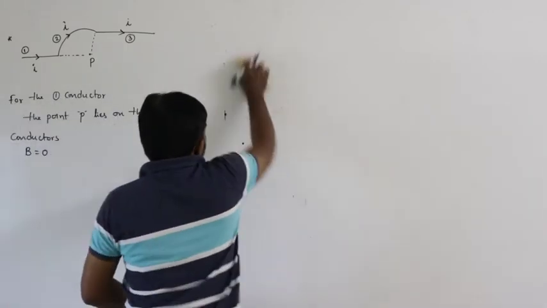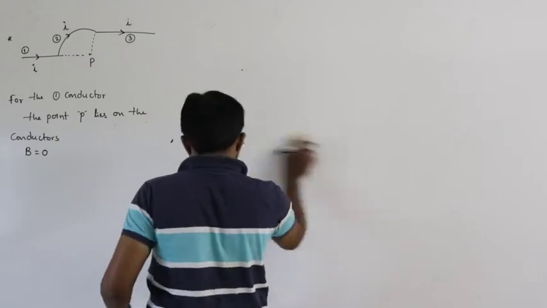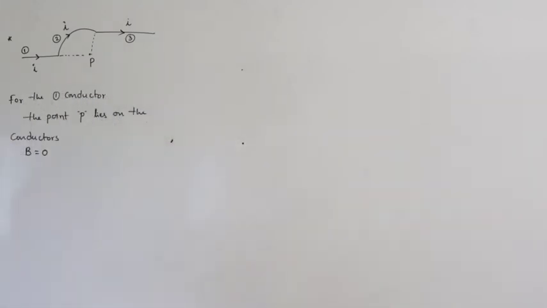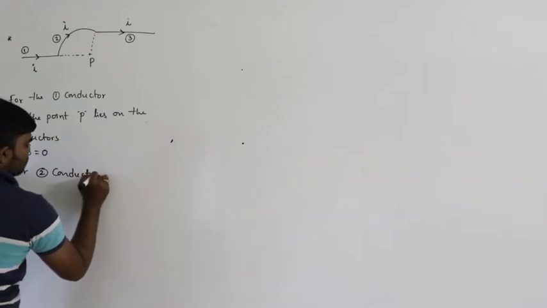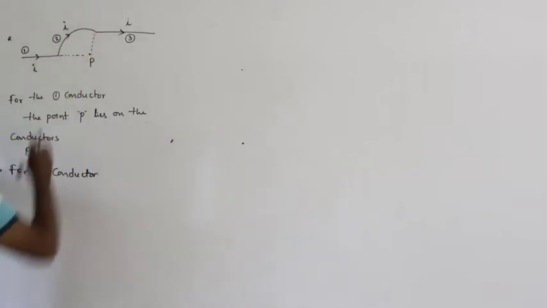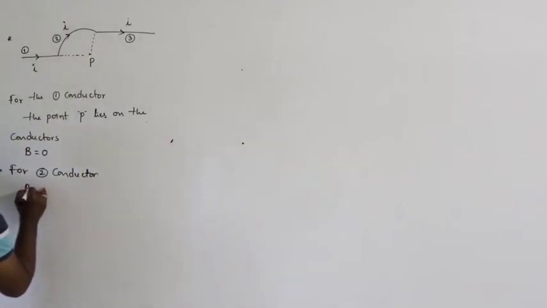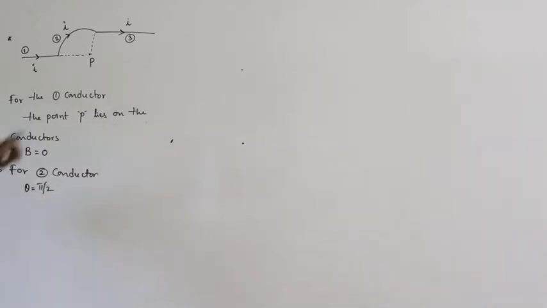So for the second case, for the second conductor, this is the shape. Theta, the angle subtended at the center, is equal to pi by 2. This is the circular path.